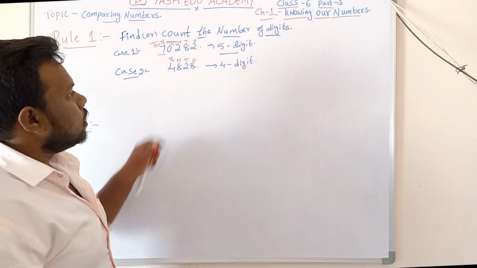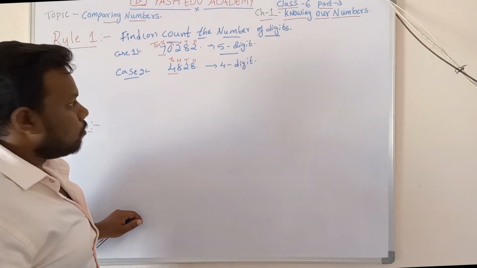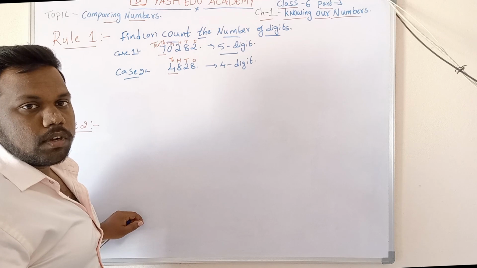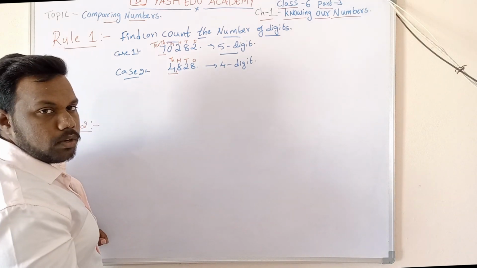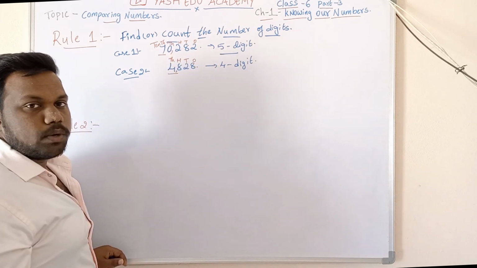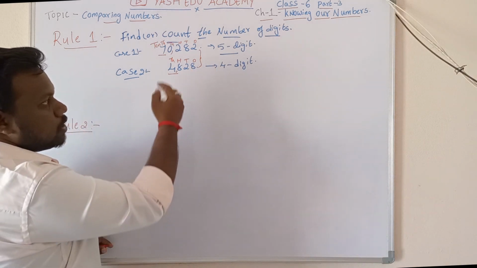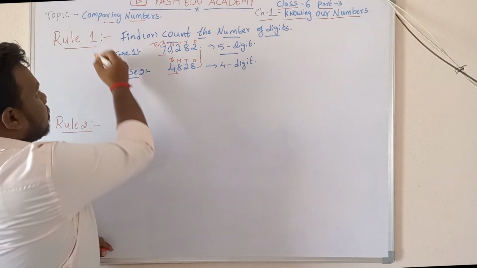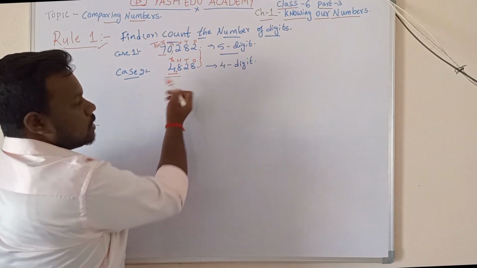In the 4-digit number, the largest digit is 4, in the thousands place. So it is 4828, and the other is 70,282. By applying rule 1, we count the number of digits.